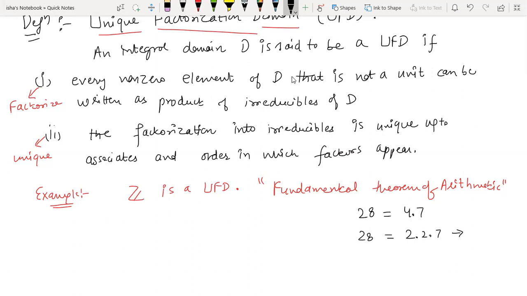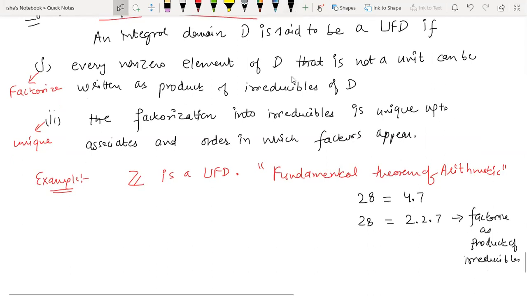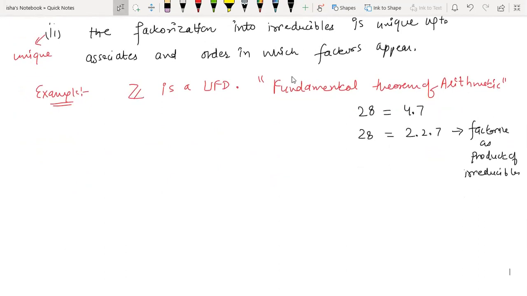So this is your point number 1, that any non-zero non-unit element we can write as a product of irreducibles. So you are able to factorize as a product of irreducibles. Now what do you mean by this factorization being unique?